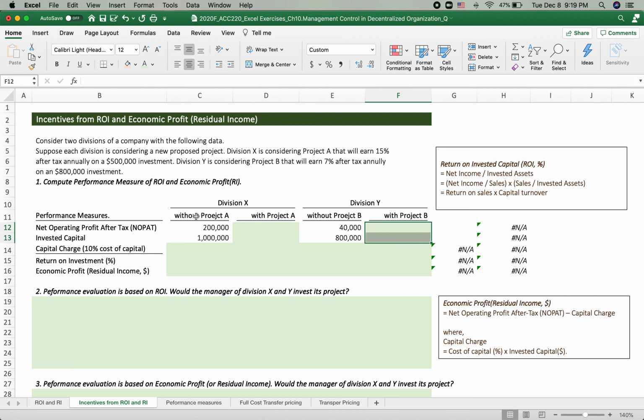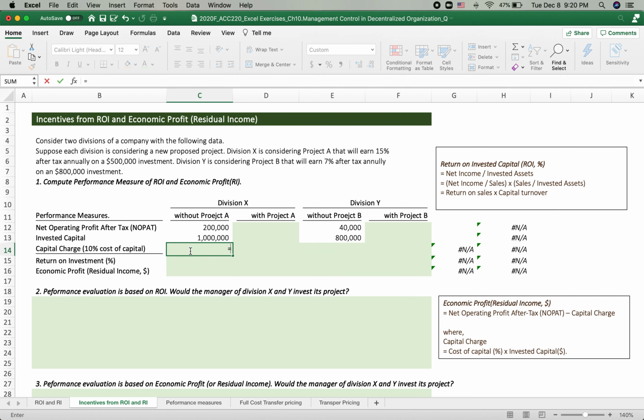Let's go. So without project A, we want to get first the capital charge to calculate what? Right, the economic profit. And the return on investment can be calculated as net operating profit after tax divided by invested capital. It's very easy. So let's go step by step.